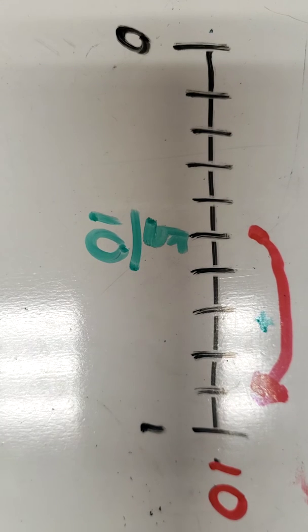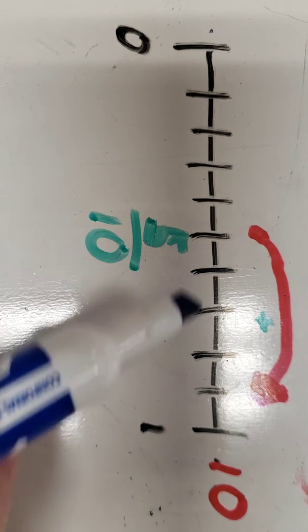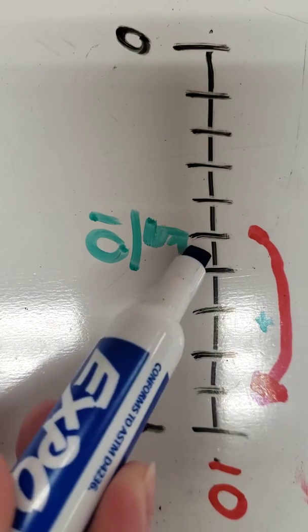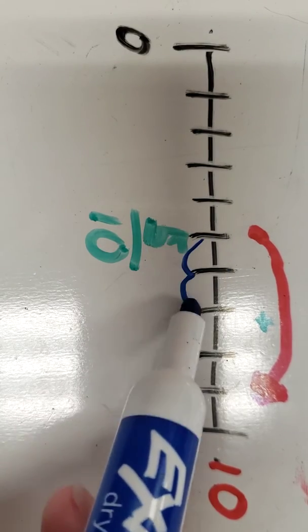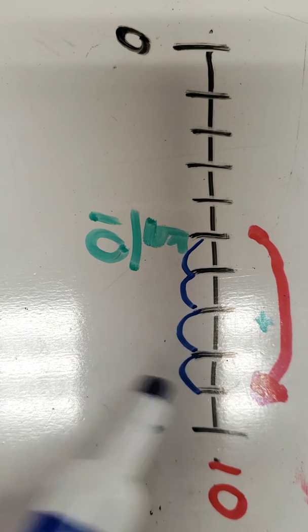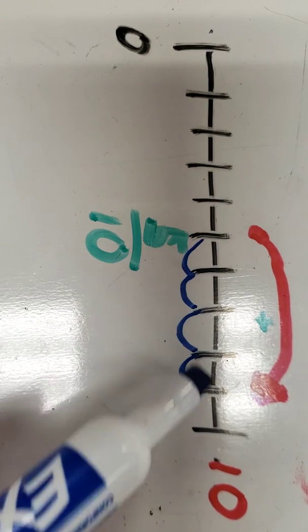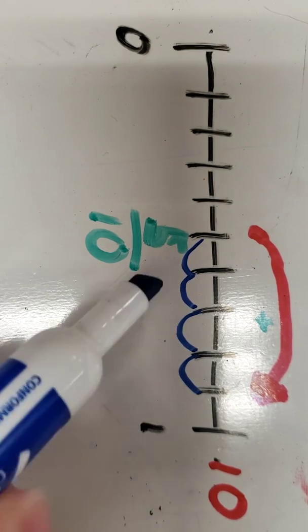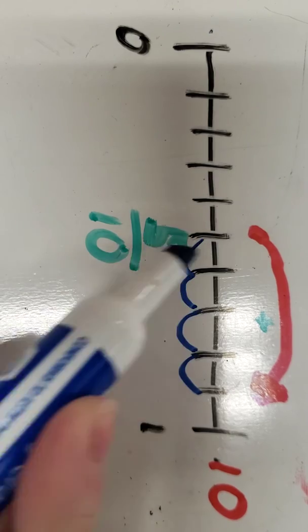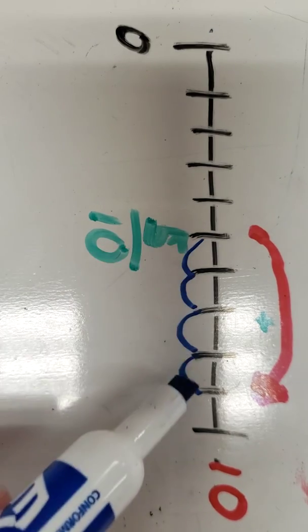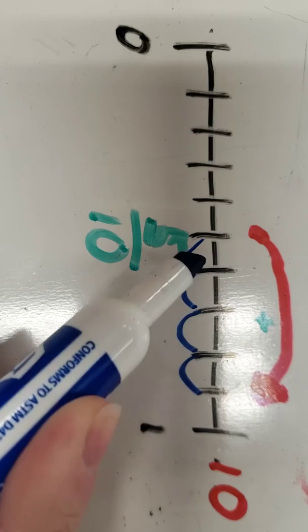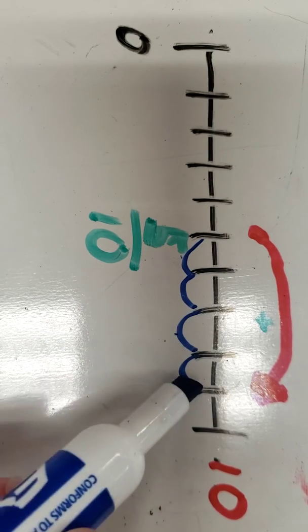And now I have to figure out how many I'm actually going to be adding. Well, that again comes from how many spaces there are. So I'm going to go 1, 2, 3, 4. So I have 4 spaces in there, which means it's going to be my first fraction plus how many more tenths did I just put in there? Well, 1, 2, 3, 4.